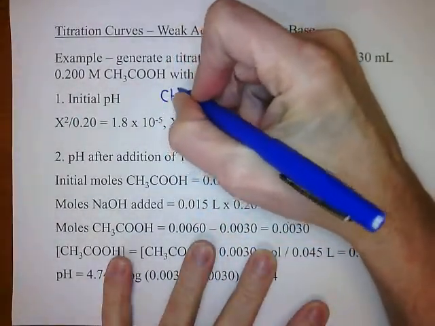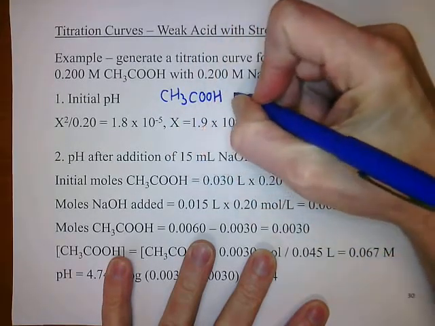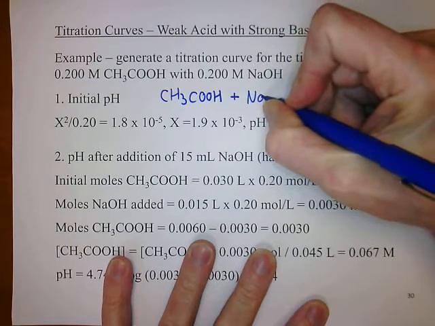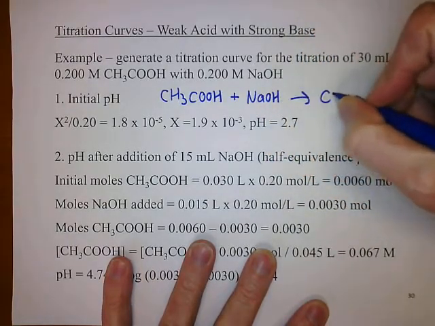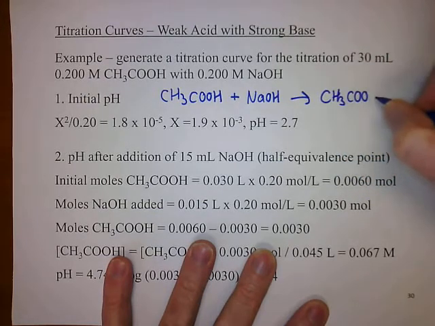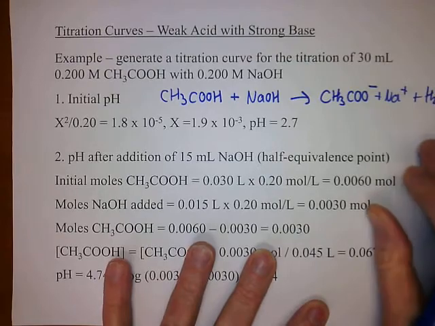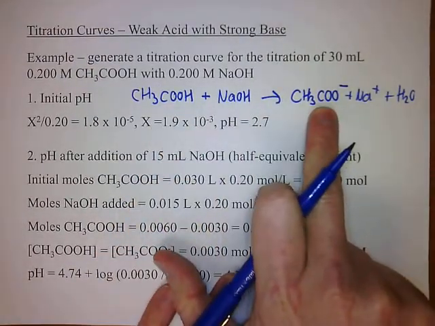So when we write acetic acid plus sodium hydroxide, what does that make? It makes sodium acetate. I'll just write it like this: acetate plus sodium ion plus water. So as you titrate, you're converting acetic acid into acetate.